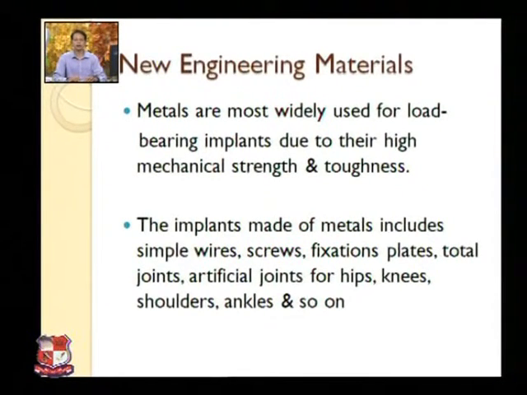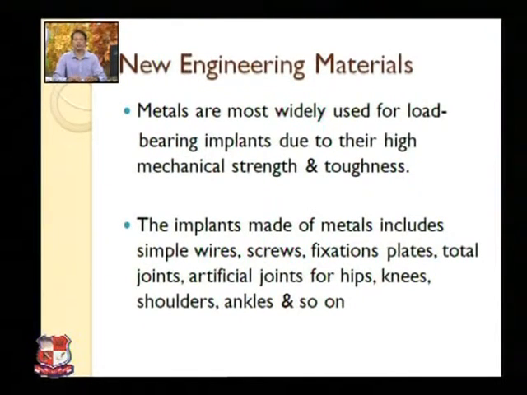So as an implant device, that takes the position of the original one in a load bearing instrument, metals and alloys are always used due to their high mechanical strength and toughness in comparison to other materials. For example, polymers are not able to be used as load bearing implants.